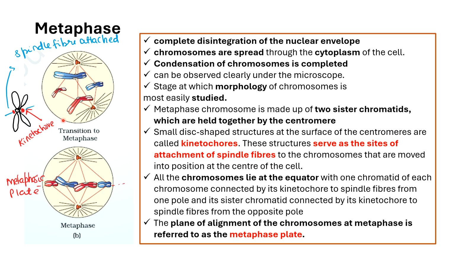Okay, and nuclear envelope disintegration, which also began in prophase, is completed in the metaphase. All the chromosomes lie in the cytoplasm and can be seen present at the equator in a line. Okay, that imaginary line is called the metaphasic plate or the equatorial plate.